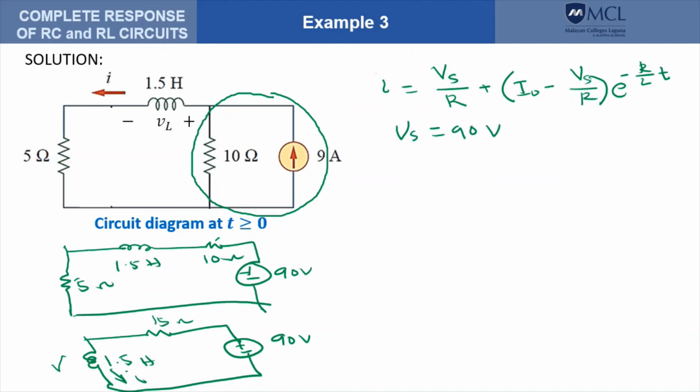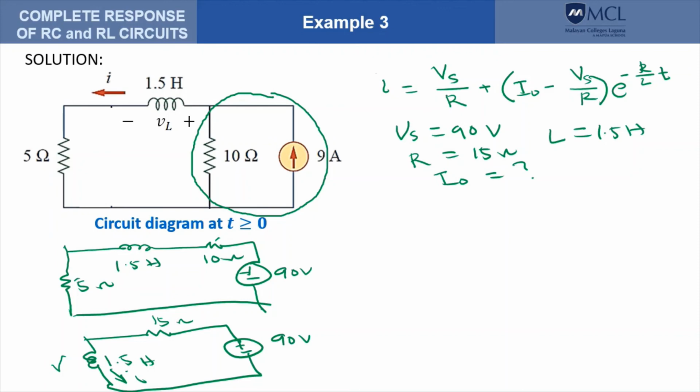Well, R should be 15 ohms and L is 1.5 henries. But what is I naught? So that is the initial current through the inductor before the switch is open.